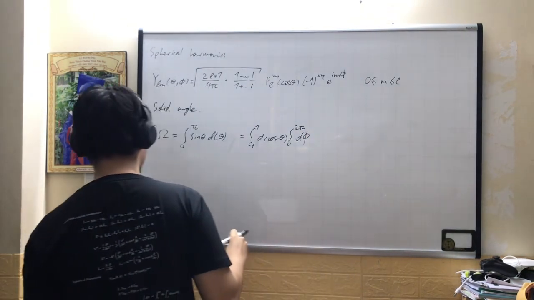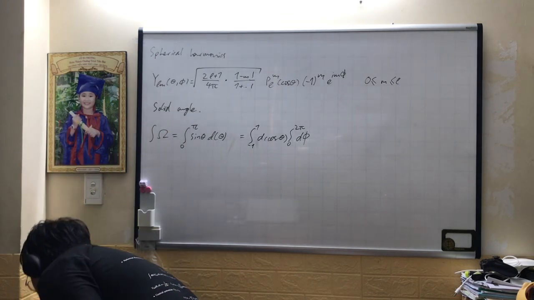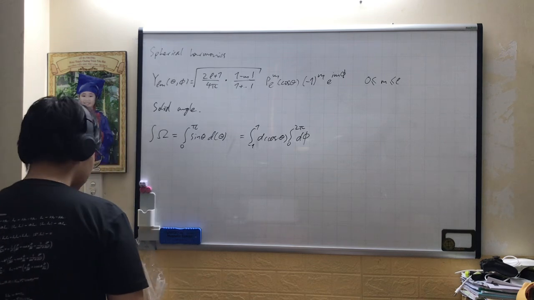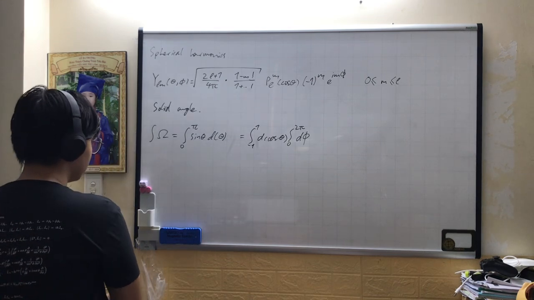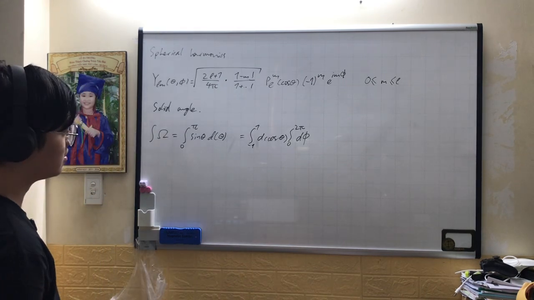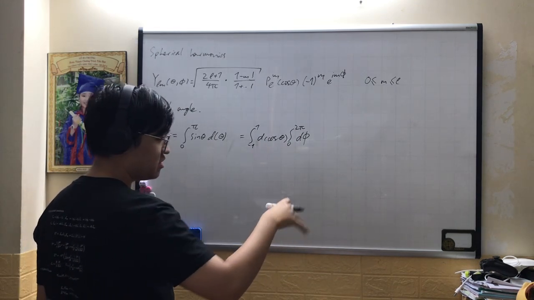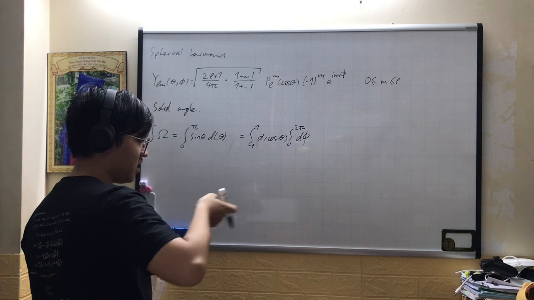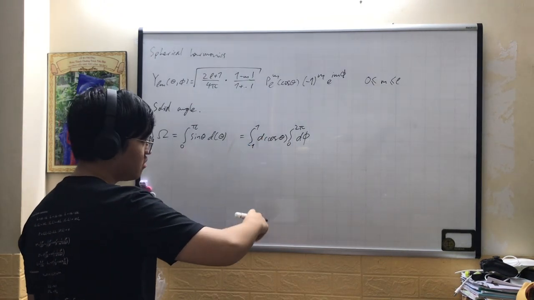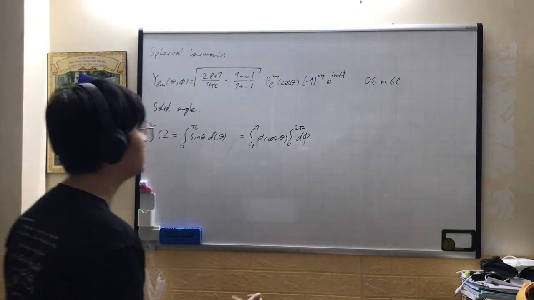So this is the mathematical expression of your solid angle, and to imagine it, you might have already been able to do this. It's like an orange. You cut out a slice from the outside that goes all the way to the center. You pull it out, and that piece is your solid angle.